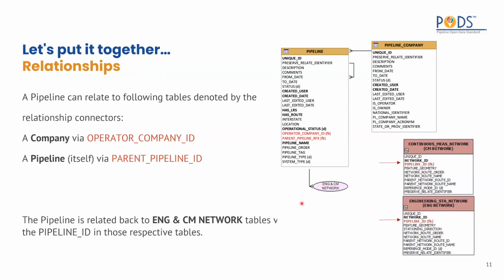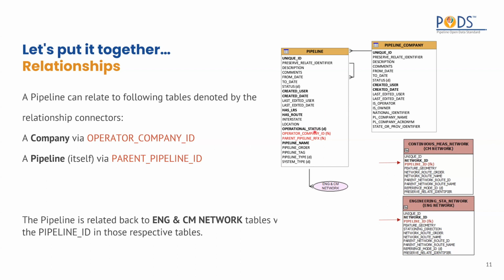So putting the relationships together, putting it all together a little bit more, explaining that. So there's a relationship to the operator company. So a pipeline is operated or owned by a company. And so that's where the pipeline company table comes in. And you see it here on the right. So this is where I would put my name of the company and whether it was an operator or owner.